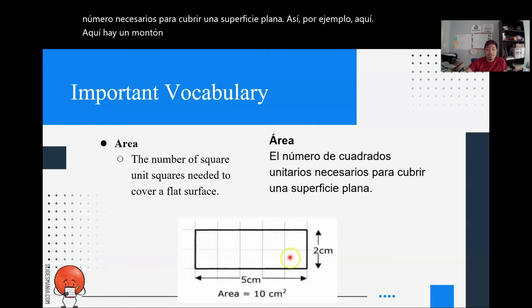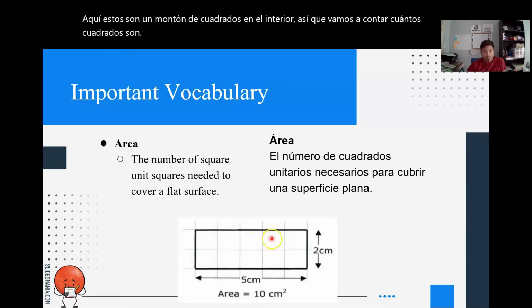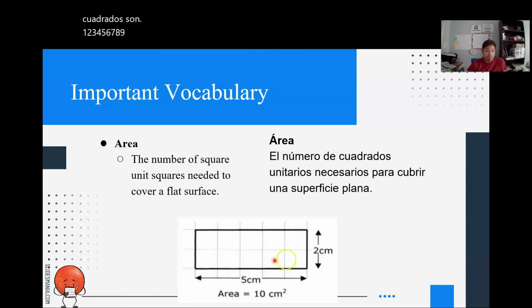So let's count how many squares there are. 1, 2, 3, 4, 5, 6, 7, 8, 9, 10. So there are 10 squares, or 10 unit squares inside the area of this rectangle, okay? That's what area means.